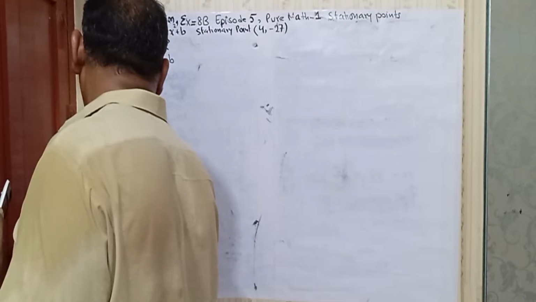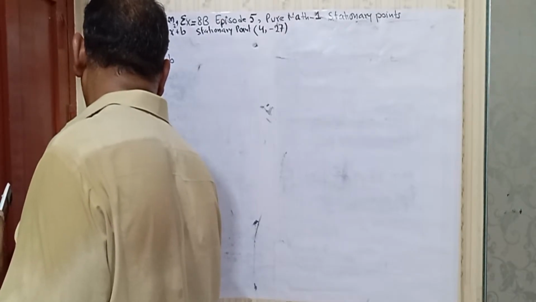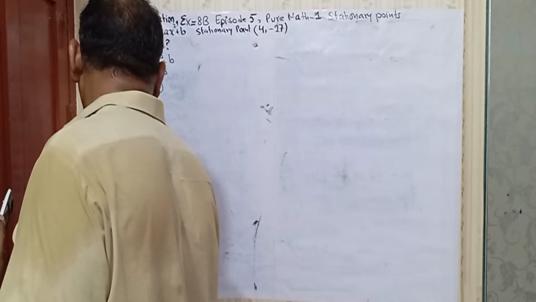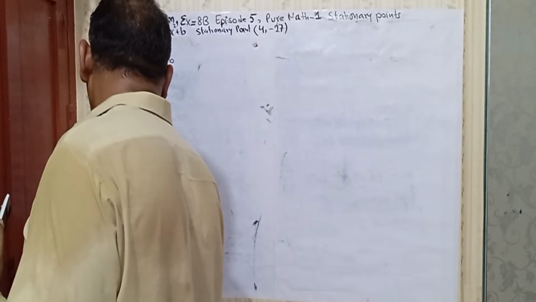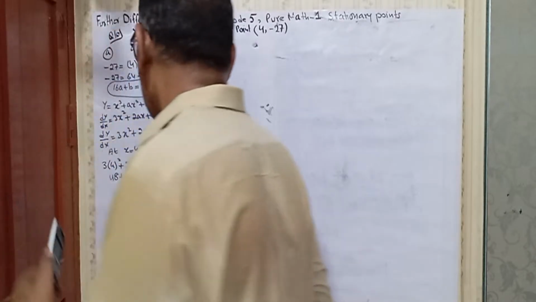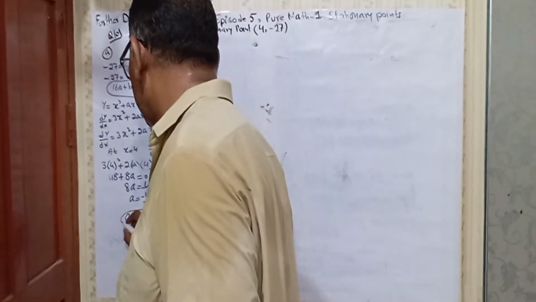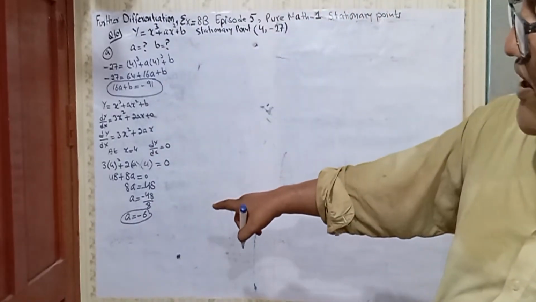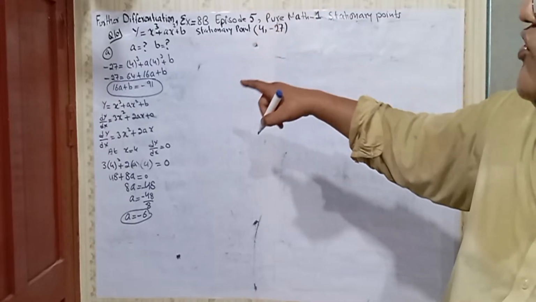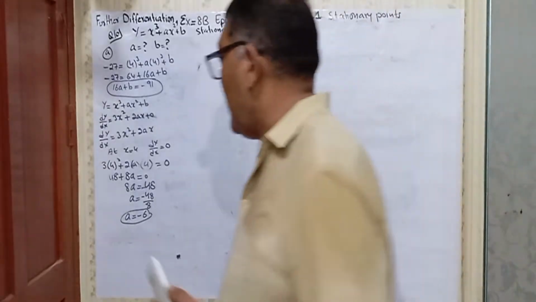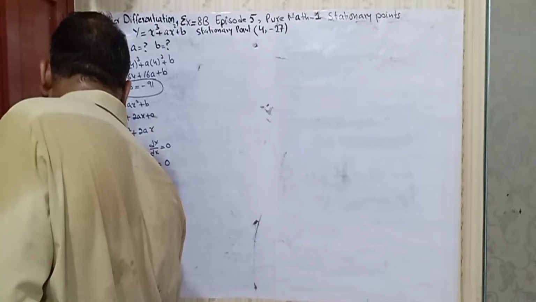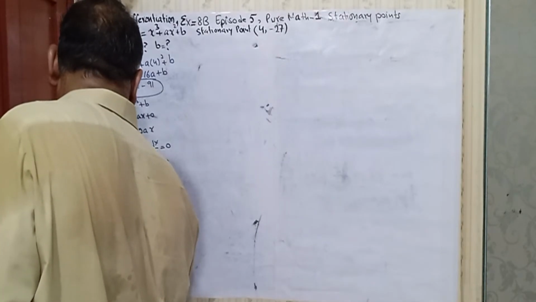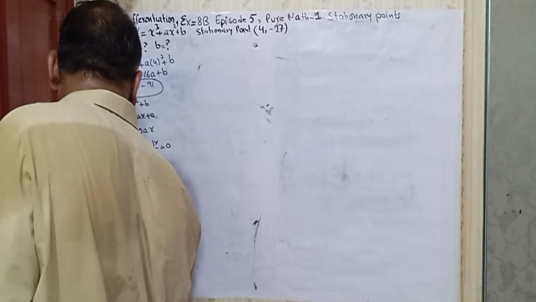So 8a equals -48. So a will be equal to -48 divided by 8, and a will be equal to -6. So we got the value of a. Now I will substitute this a value into the first equation, and from there I can find the value of b as well. 16 into -6 plus b is equal to -91.